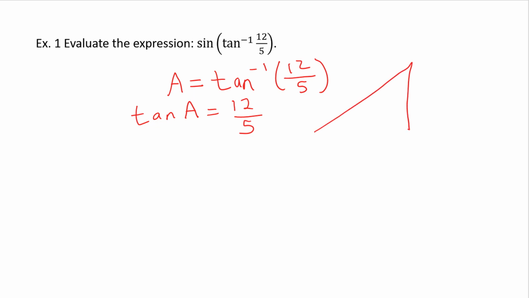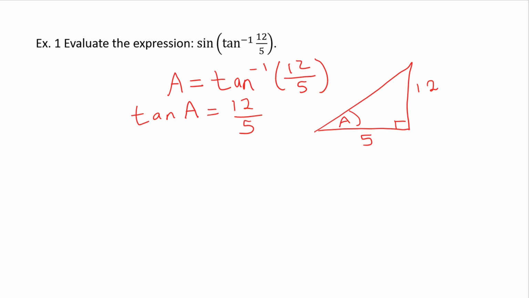So here's my right triangle. I'll put the little corner in to indicate that that is a right angle. Label one of the interior angles A. The tangent is defined as opposite over adjacent. So from the interior angle A, the opposite is the length 12. The adjacent is 5. We can compute the hypotenuse by using the Pythagorean theorem.